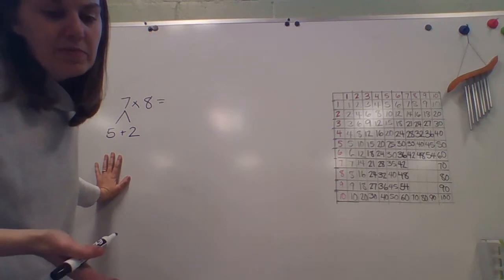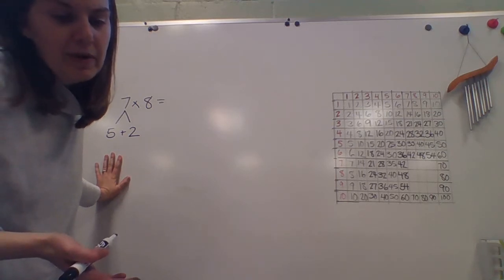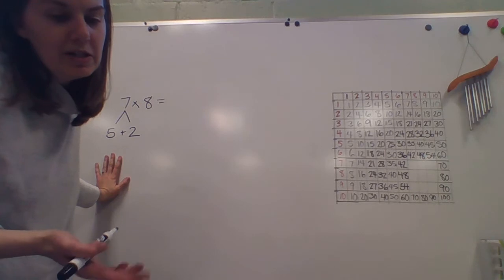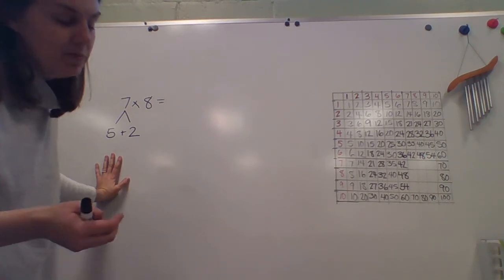Number 3 says, rewrite the multiplication expression from problem 1 by replacing the 7 with the addition expression you wrote in problem 2.